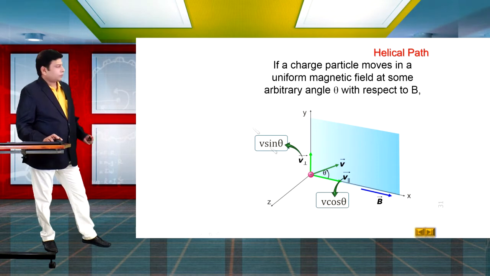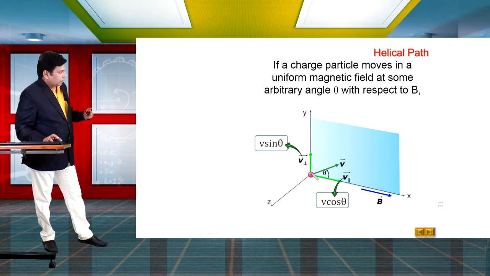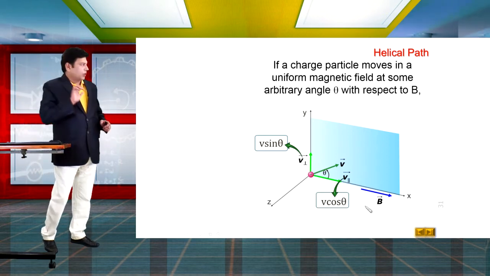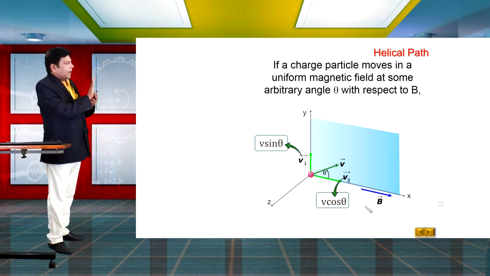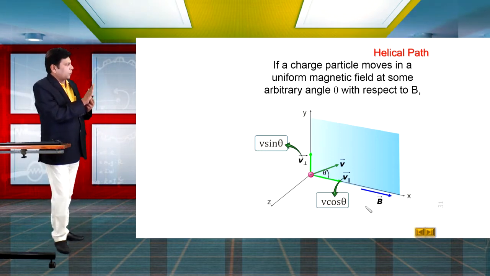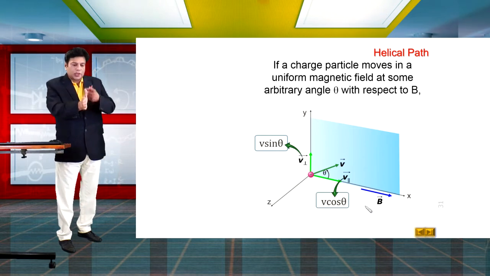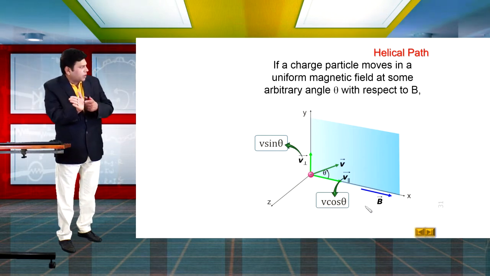Now, the component v sin theta, that is v perpendicular, which is perpendicular to the magnetic field, will provide circular motion. If we apply the right palm rule, we stretch the fingers in the direction of the magnetic field, velocity along the thumb direction, and we can observe the force direction is the direction of the palm.